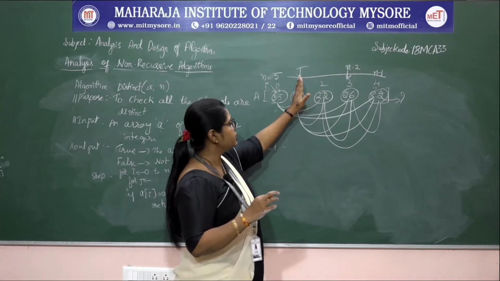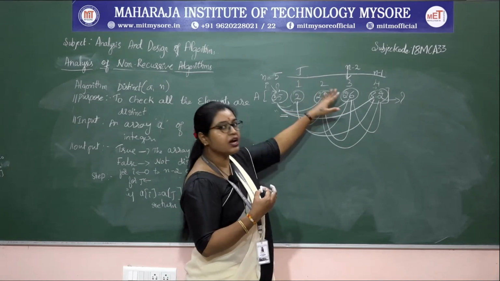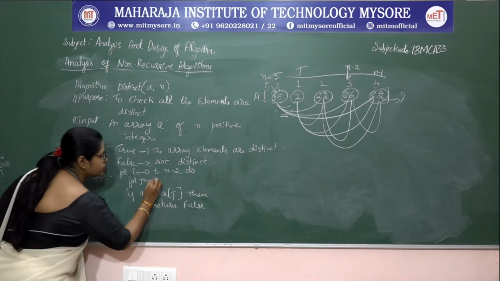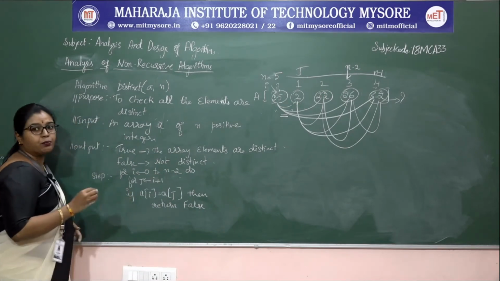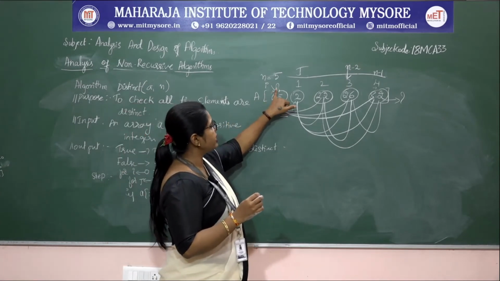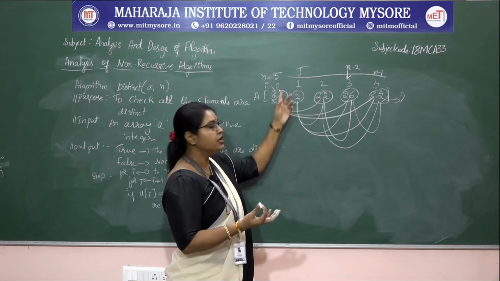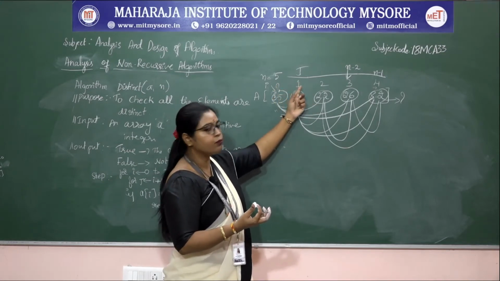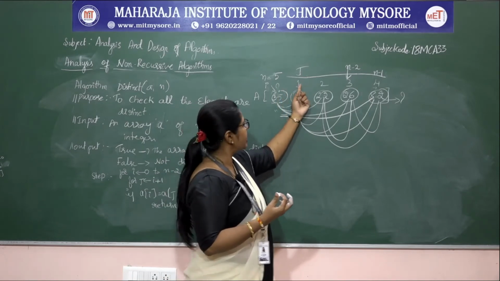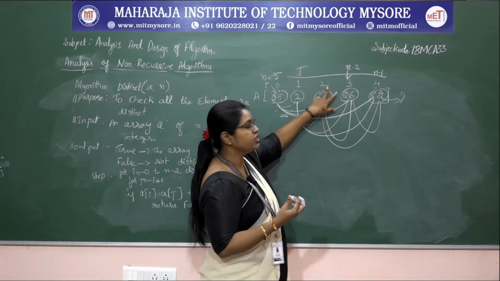Should j start with 1 then? No. j should always start from the position next to the ith position, that is I plus 1. If I starts with 0, j must start with 0 plus 1, which is 1. If I is 1, then 1 plus 1 is 2, so it should start from that position.